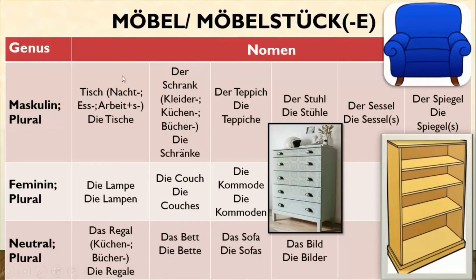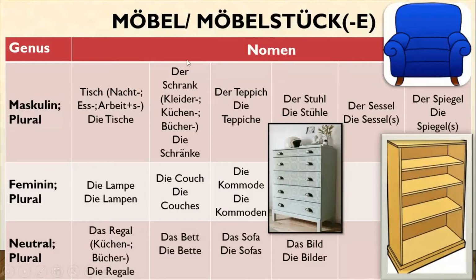So any table on which you can do work, or a study table as we call it in English, but note that you add an S to combine Arbeit and Tisch. So it becomes der Arbeitstisch. Plural for these compound nouns would be die Nachttische, die Esstische, and die Arbeitstische.